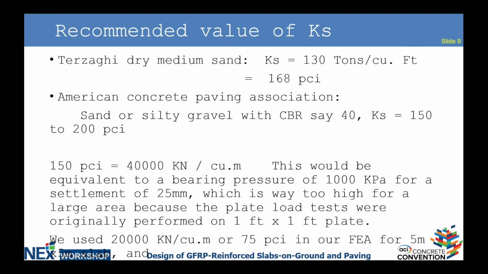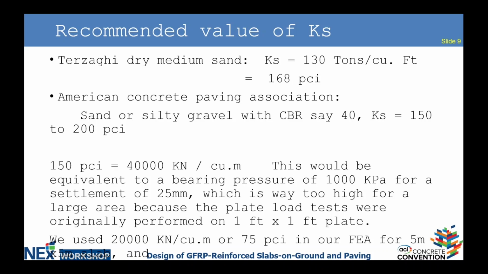As I said, from Terzaghi, you would have 130 tons per cubic foot. That converts to about 168 PCI. From the American Concrete Pavement Association, it's about 150 to 200 PCI. When you convert that into metric, I'm more used to using the metric system, 150 PCI is equal to 40,000 kilonewton per cubic meter.